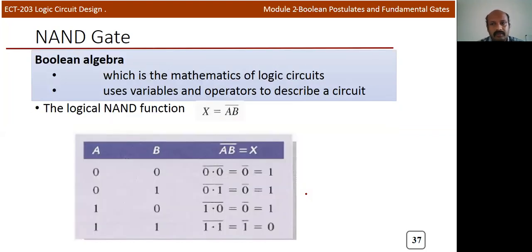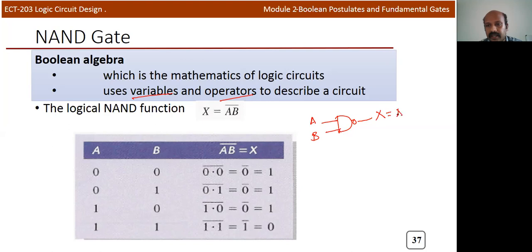Now we'll discuss Boolean algebra. Boolean algebra means we are representing the NAND gate operation by using variables and operators. Here you can see the NAND gate, and let A and B be the inputs and X the output.